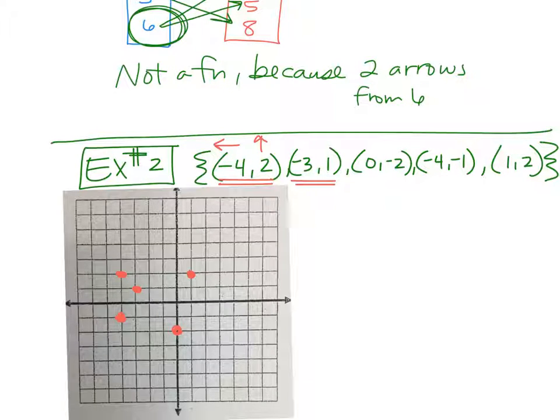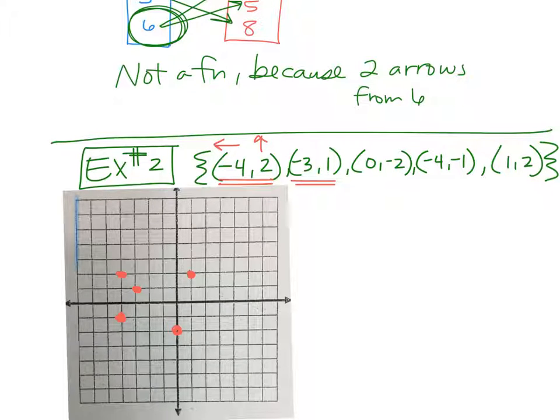What you're going to do is a vertical line test on this. You may use your pen, or just your eyeballs to look at it. I don't care how you check it, but essentially you're taking a vertical line and seeing, do any of these points fall perfectly vertical of each other?